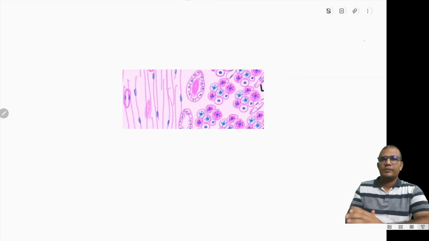So if you label properly and draw a smaller section, it is also sufficient to score good marks. You can draw this much section out of the entire slide.